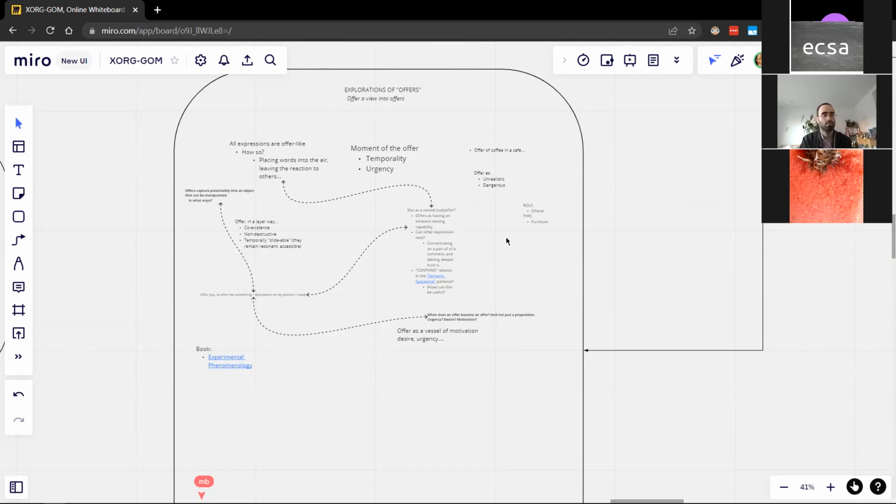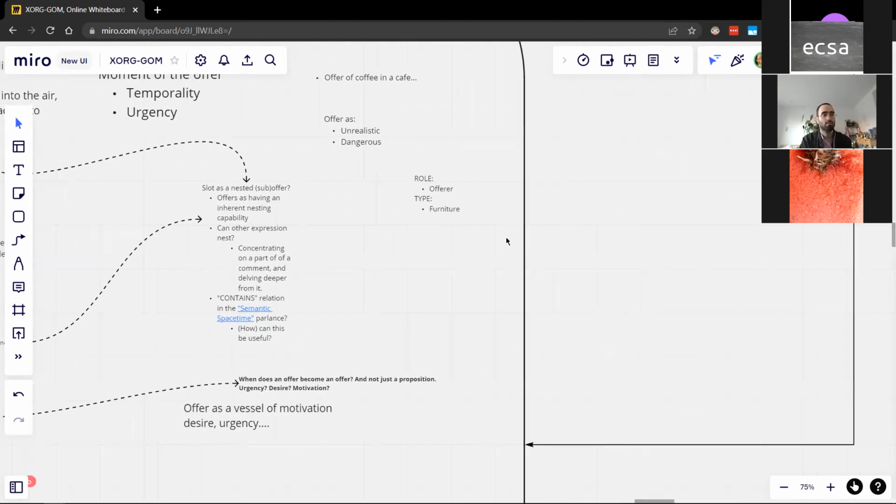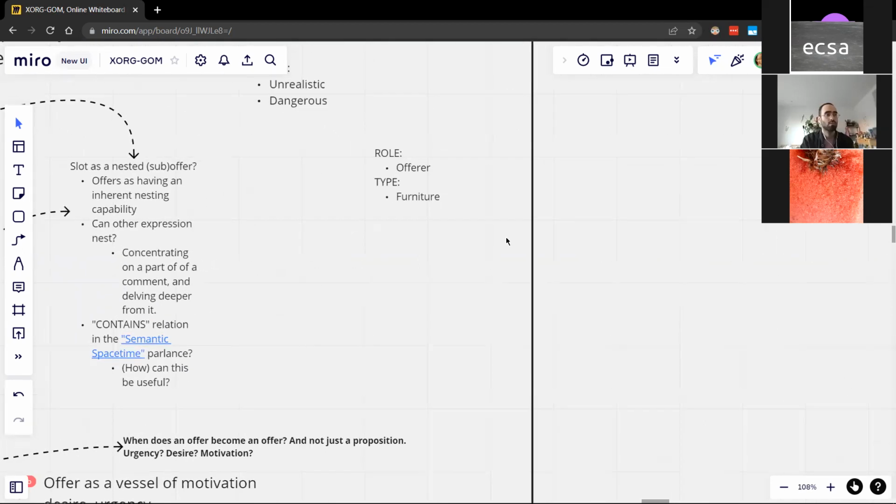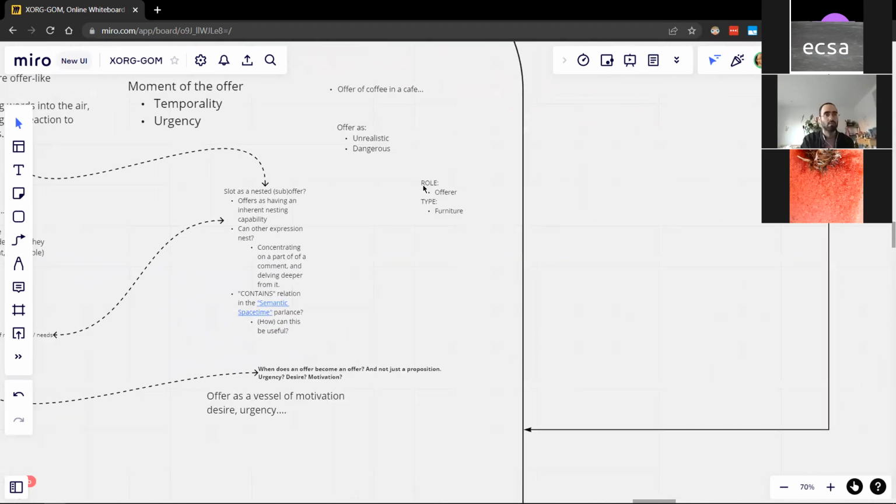The one thing that I thought opens up from this game board is precisely this: if I add this rule, the role of an offerer or a type of furniture, they are more rule-like things, and on a game board that's kind of normal, that these things can happen, like there are rules for this context, and it's natural to think about it this way.